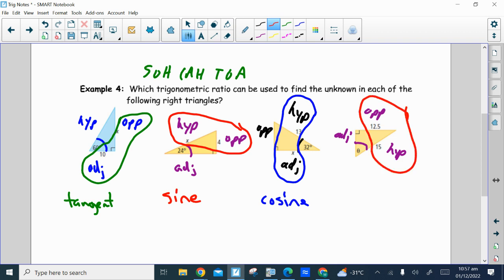In this case, we're using the opposite and hypotenuse. Those are the two sides that we're given. So we would use those to find theta, along with the appropriate trig ratio, which would be the sine ratio, because only sine uses opposite and hypotenuse. That's what the SO part of SOHCAHTOA tells us. This must be the sine ratio.